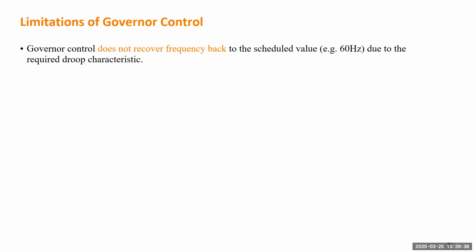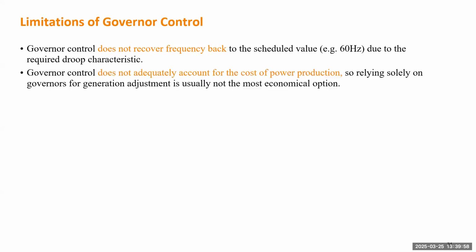The idea of droop control is you need to have some deviation. Then you just use that deviation multiplied by some gain, and use the value to change the valve opening. But if you have no deviation, there's no control. So deviation has to be there.